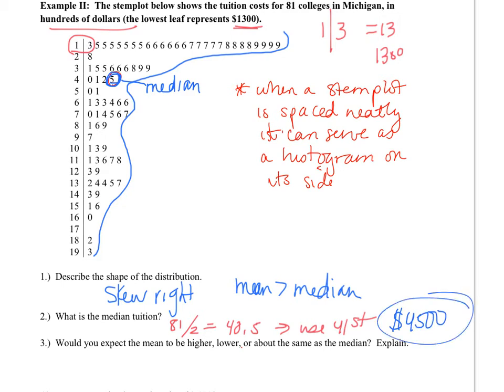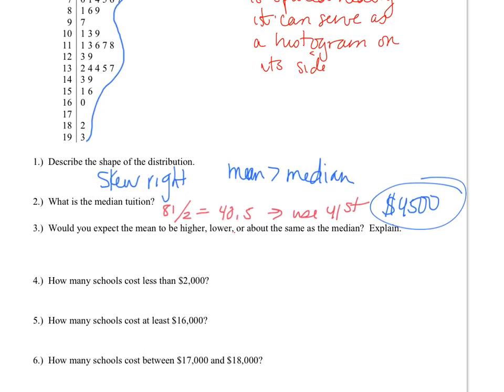Now this next question asks if we would expect the mean to be higher, lower, or about the same. And as we already mentioned, we expect it to be higher. We could say that the mean would be higher because the graph is skewed right.